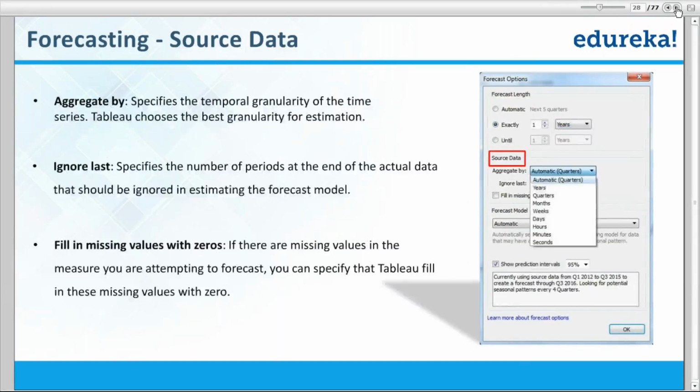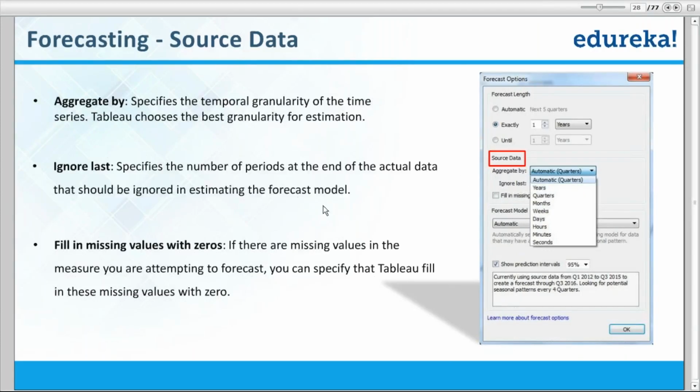And there is something called aggregate by, which for us was quarters. It specifies the granularity, choosing the best granularity estimate. Tableau chooses it by default, so automatic quarters would be the default estimate.